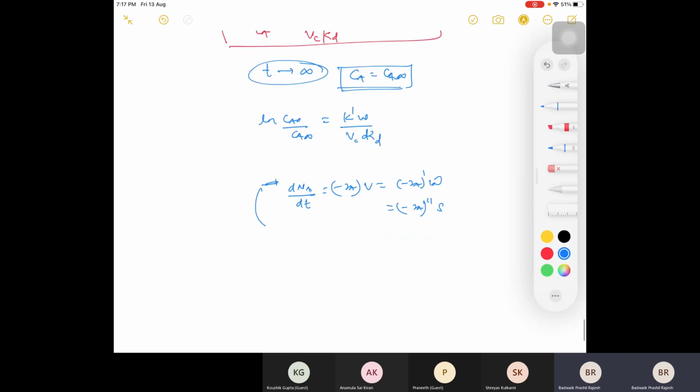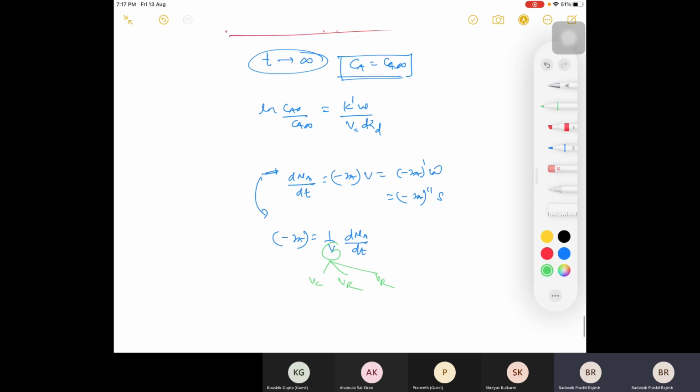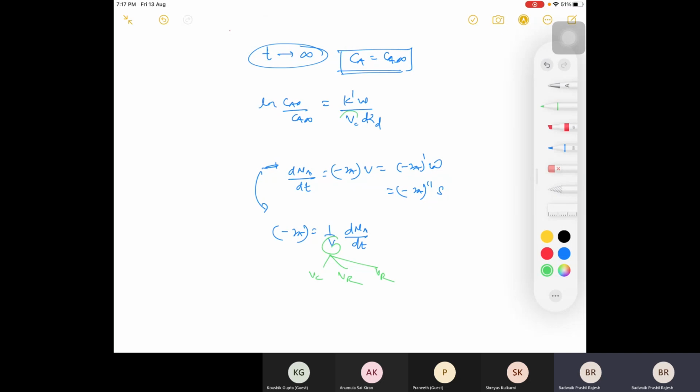If I'm defining one term, that is minus RA is equal to 1 by V dNA by dt. So this V could be volume of catalyst, volume of reaction mixture, or volume of reactor. Based on that, you need to define this term. So it depends on what you have defined earlier. No need to confuse between this.